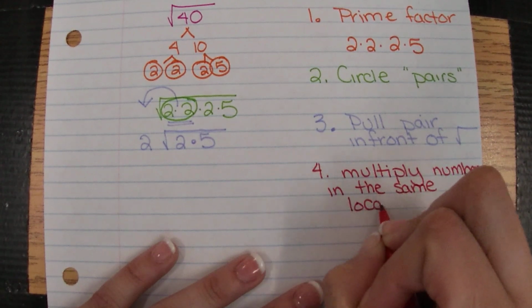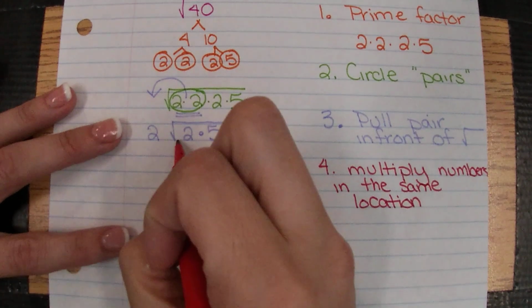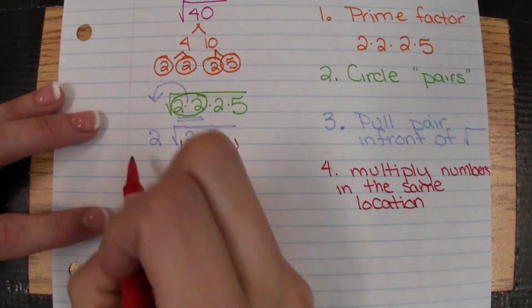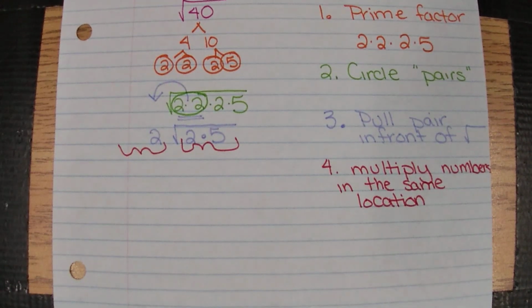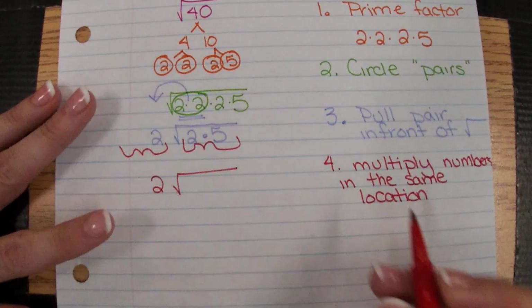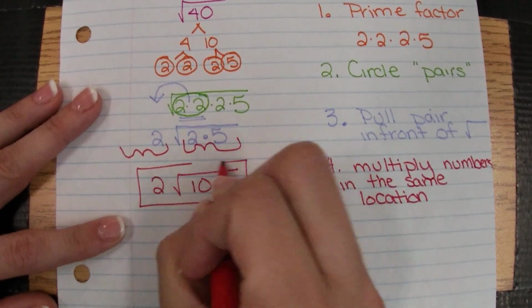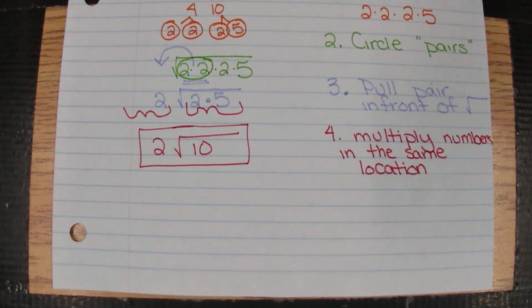Anything that's in the same location is going to get multiplied. So inside stuff will get multiplied together, and outside stuff will get multiplied together. Now, there's nothing else outside with this 2, so that just stays as a 2. 2 times 5 is 10. So my simplified answer is 2 square root 10.